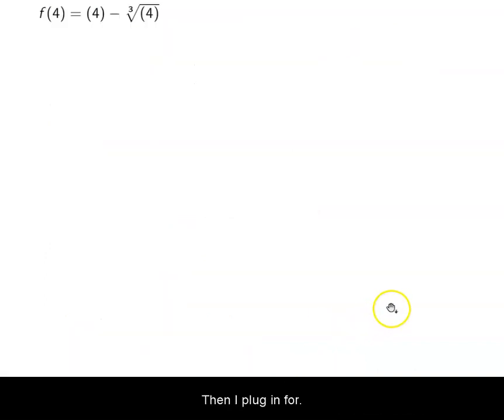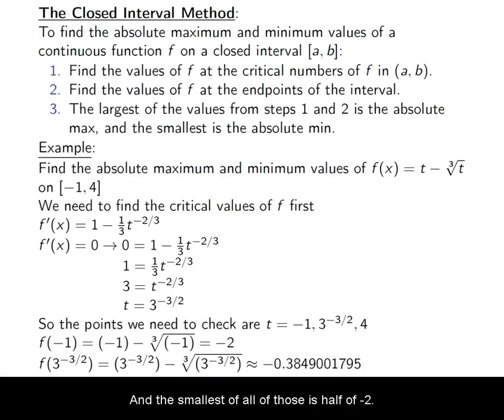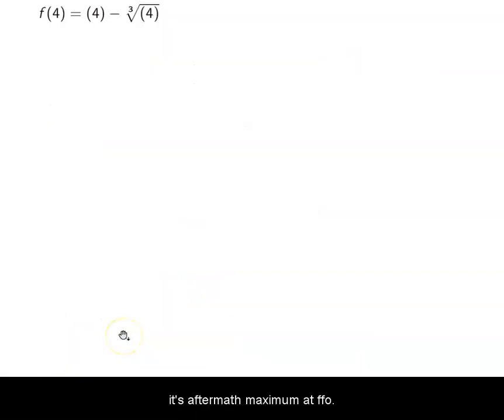And then I'll plug in 4, and I'll get 2.412598948. So the largest of all of those is obviously f of 4. And the smallest of all of those is f of -1. So I have a minimum value, absolute minimum, at -1, and an absolute maximum at f of 4.